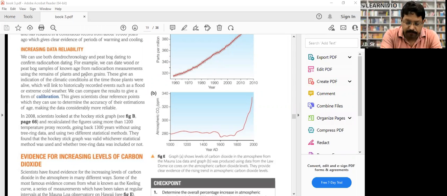With the help of the peat bog and dendrochronology, we come to know the age of a particular fossil or a particular duration. Then we confirm it with the help of radiocarbon. So when we reconfirm it with carbon dating, the data becomes more and more reliable. That is the increasing data reliability.